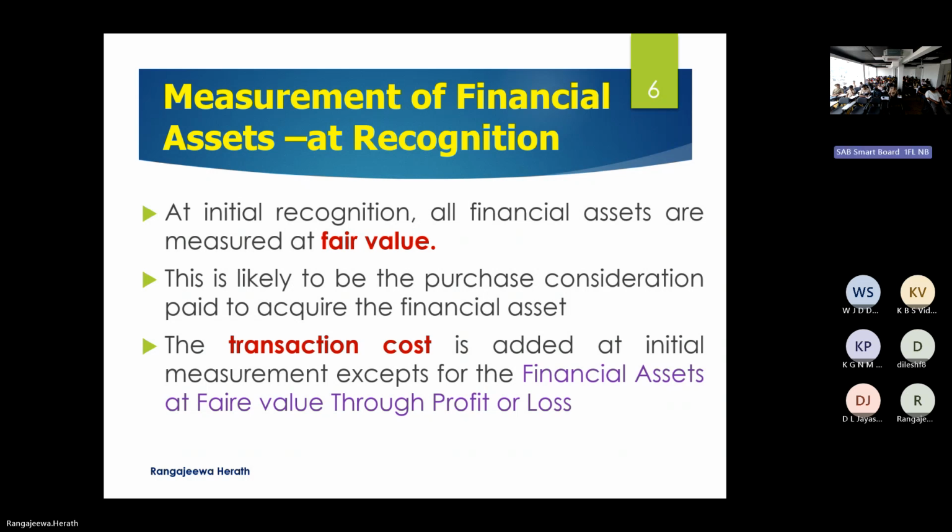Property, plant and equipment initial recognize at cost. Financial instrument fair value. Right? Because the financial instrument normal transaction occurred at the fair value. Fair value එකට තමයි market price එකට තමයි transaction එක වෙන්නේ. Right? So you can recognize at the fair value.